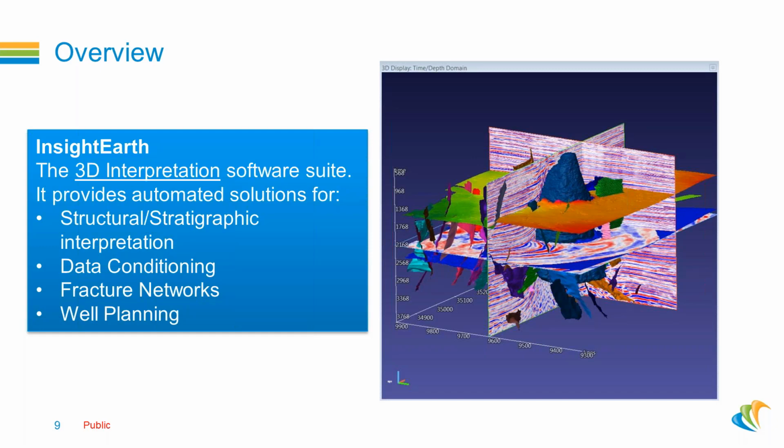We have some tools for data conditioning in order to better manage our algorithms for the interpretation task. We have a fracture network tool, and we have a well planning module as well. You can see here a 3D view and all the elements that we can create in our software.